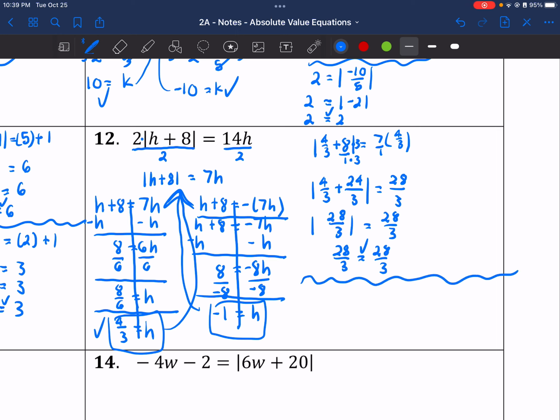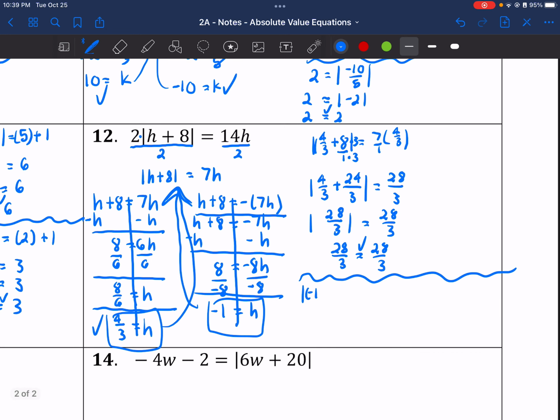Now we have h is equal to negative 1. We're going to substitute negative 1 in. So we get the absolute value of negative 1, and put parentheses around that, negative 1 plus 8 is equal to 7 times negative 1. Negative 1 plus 8 is 7, and the absolute value of 7 is just going to be 7.